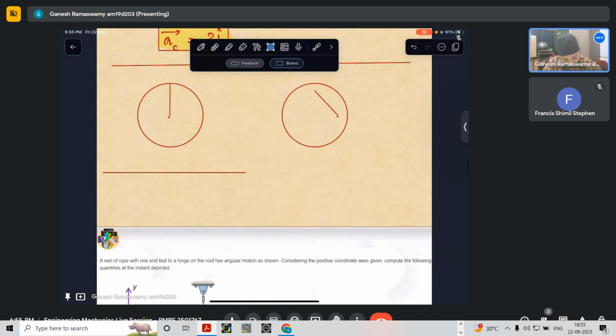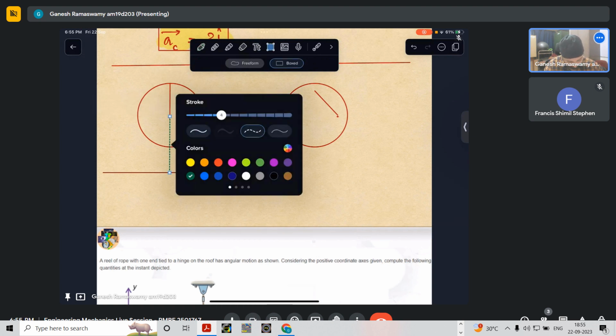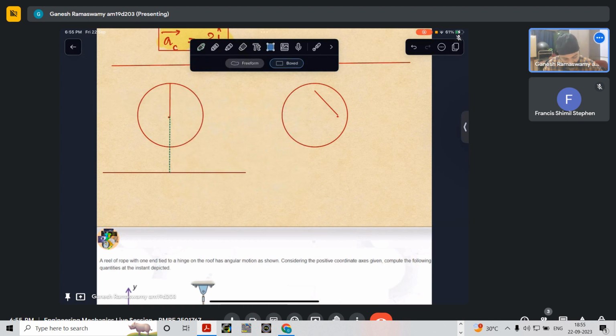Okay. So in such a case, I draw my extension. This is my extended line. So let this be some theta at this moment. In the next moment, this line would have gone here.